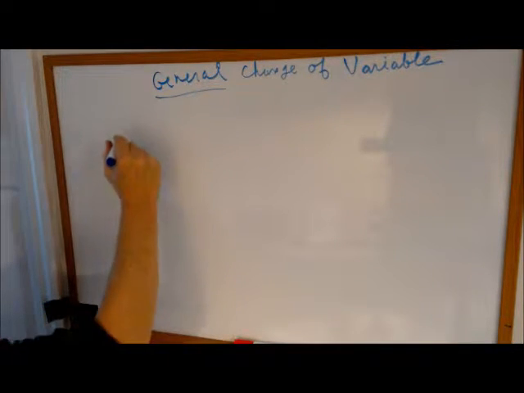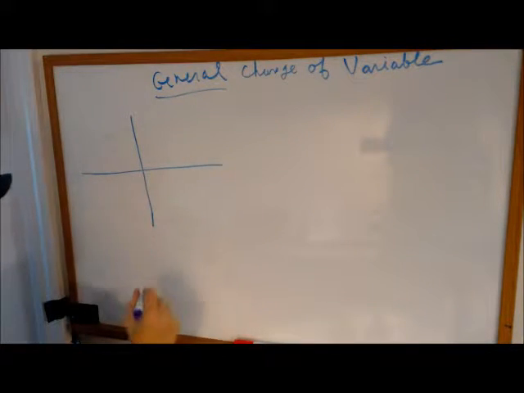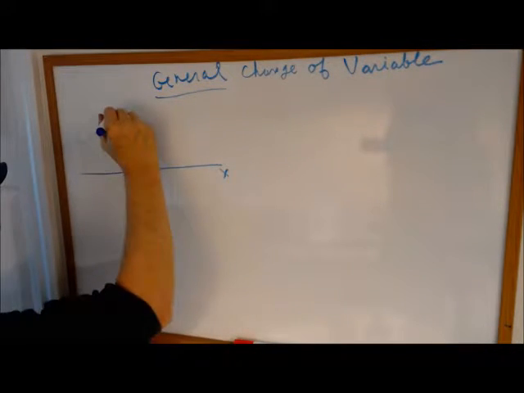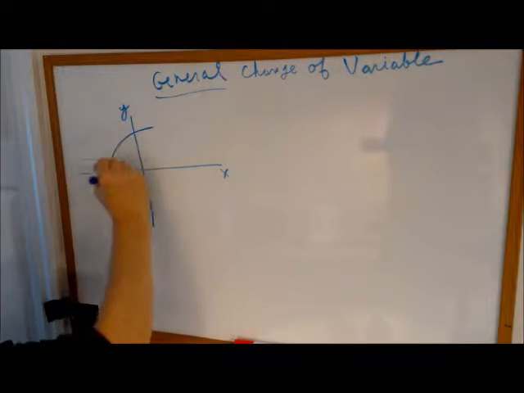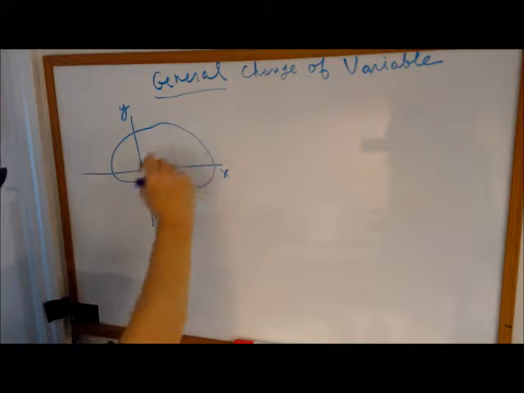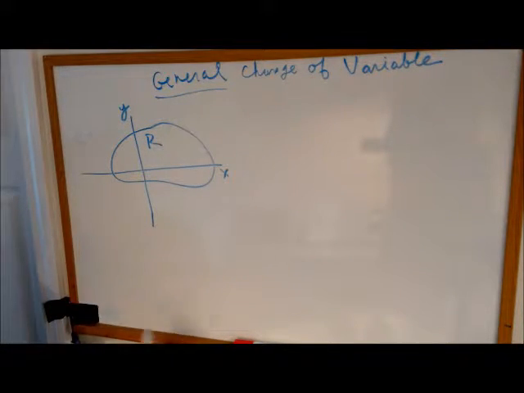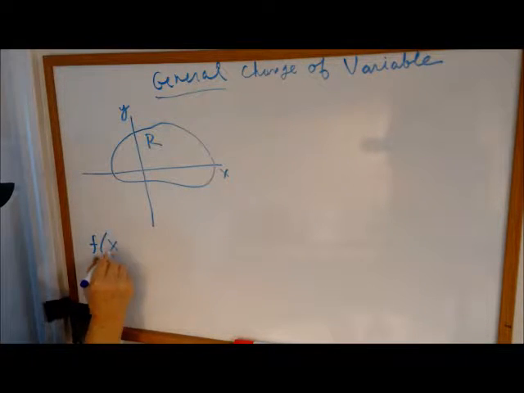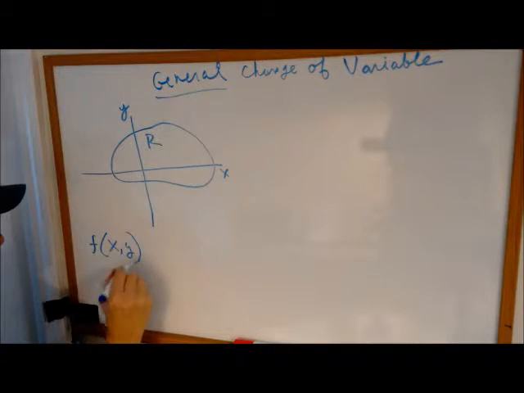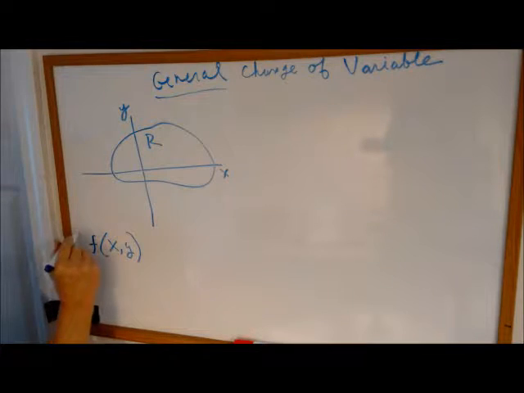So I'm going to keep it simple, I'm just going to draw a plane here in the XY coordinate system, and say we have some kind of region. We'll call that R. And let's say we have a function in X and Y. And the goal is to integrate this function.